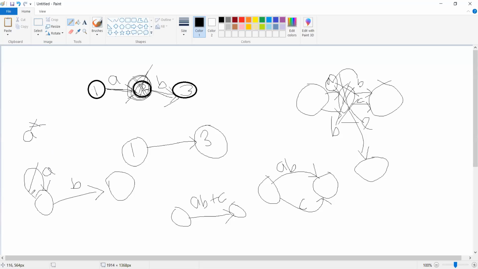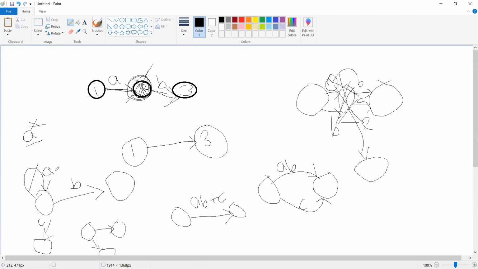Once you have removed the loop, you need to consider whatever outgoing transitions are there from that state. All those outgoing transitions have to be multiplied with this loop term. For example, it has one more outgoing transition to one more new state, say C. Now the new transition diagram will be like this: one transition and one more transition.